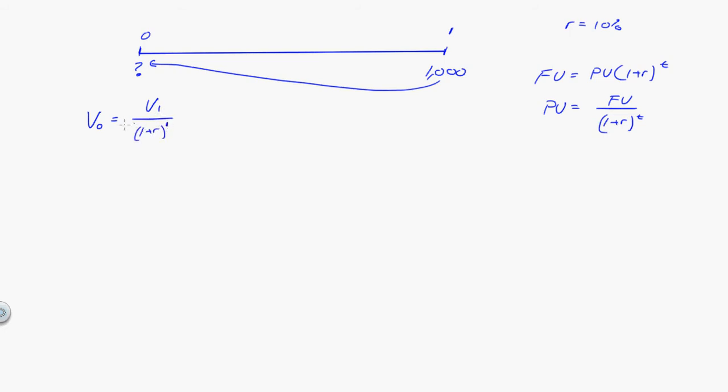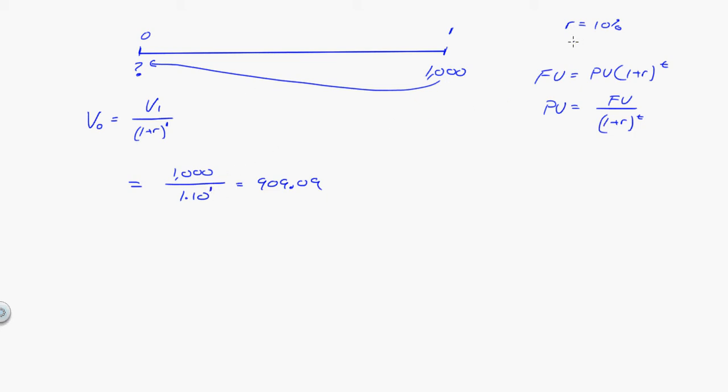I know it's 1 because 0 plus 1 is equal to 1. Alright, so the $1,000 divided by 1.10 is equal to 909.09.